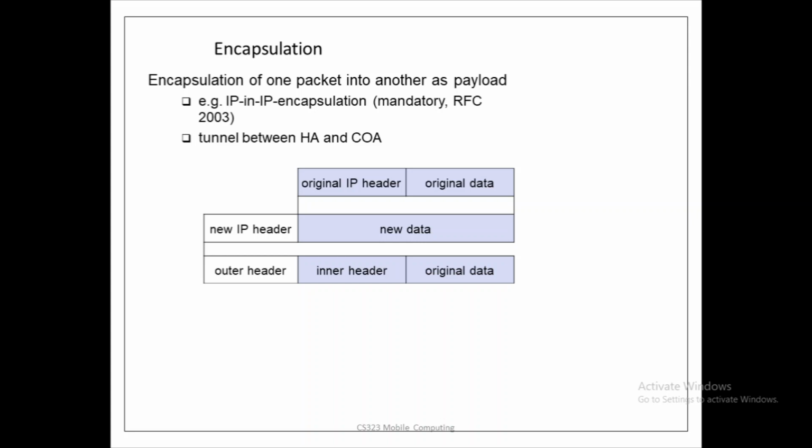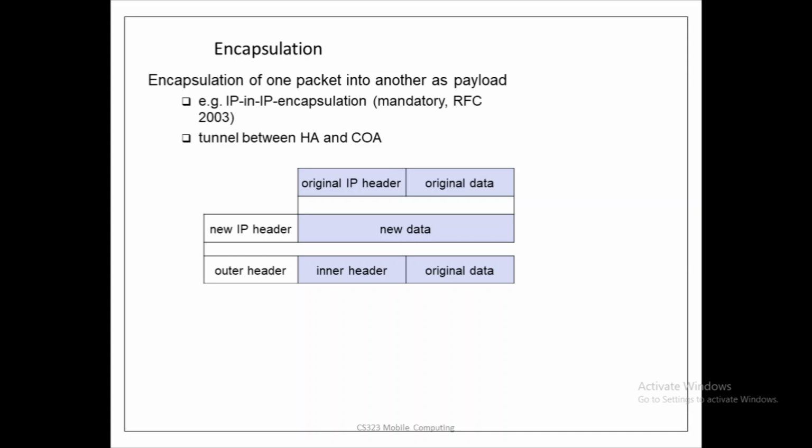So here the figure shows the IP encapsulation. Encapsulation is the mechanism of taking packets consisting of packet headers and data and putting them into the data part of new packets. And the reverse operation, taking a packet out of the data part of another packet, is called decapsulation.